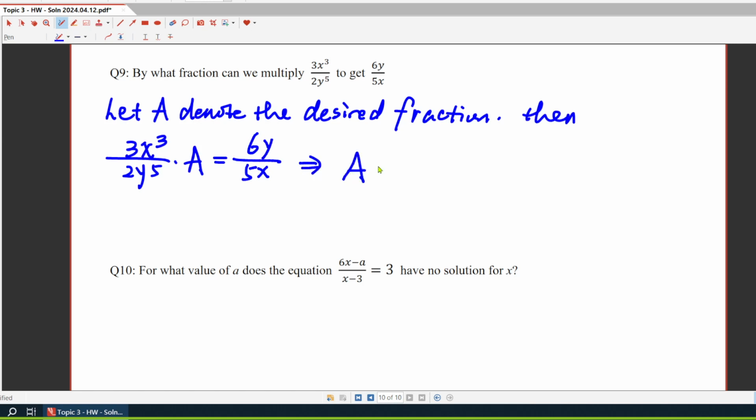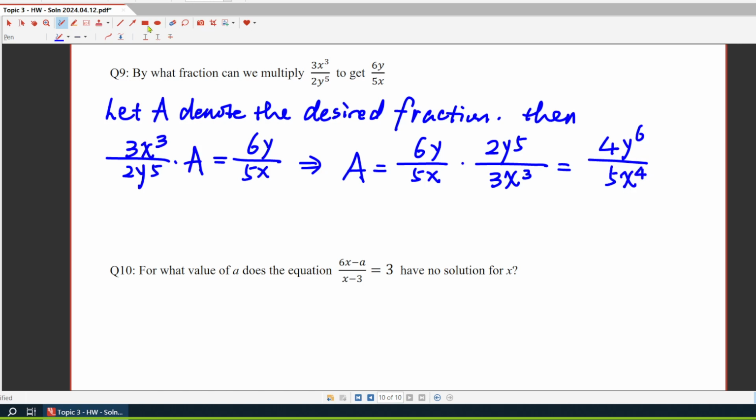And this gives us A should equal 6y over 5x divided by this expression here, which is equivalent to multiplying by the reciprocal of it. Then simplified to 4y to the power of 6 over 5x to the power of 4. So this expression is the one you are looking for, right?